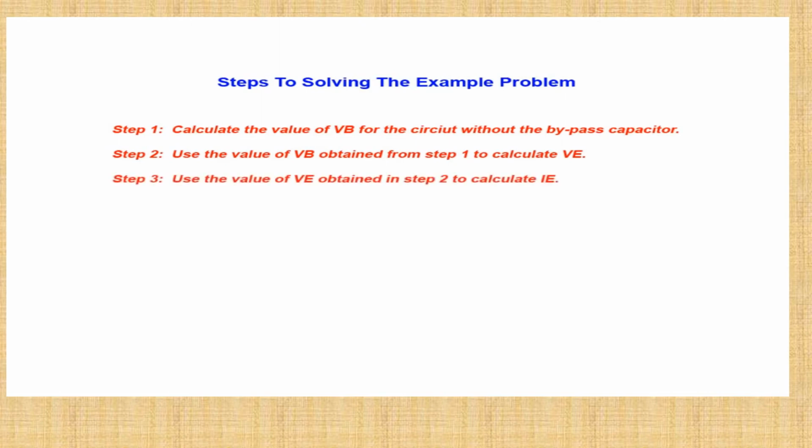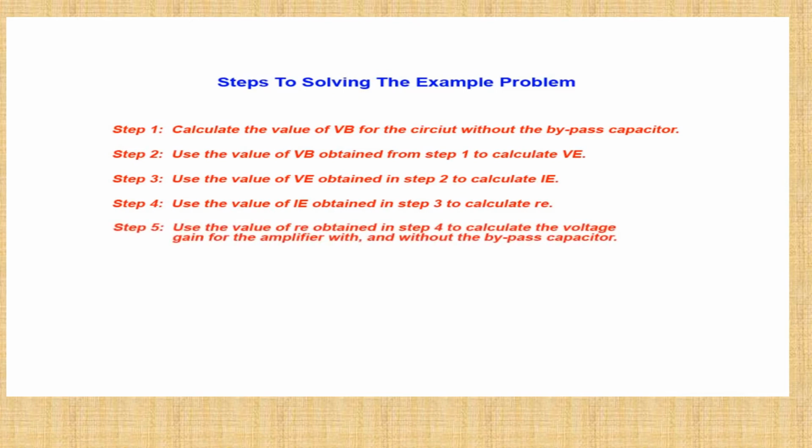The emitter voltage is used to calculate emitter current. Once we've obtained the emitter current, we use it to calculate the internal resistance of the transistor. Next, we use the internal resistance value to calculate the gain for the amplifier with and without the bypass capacitor. In the last step of the process, we compare the voltage gain of the circuit under both conditions.